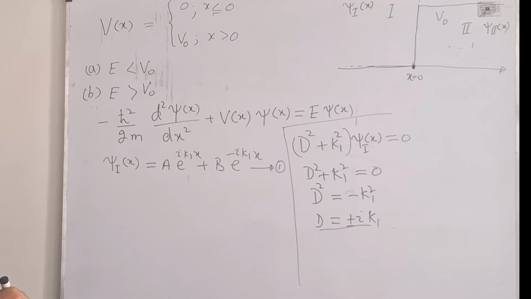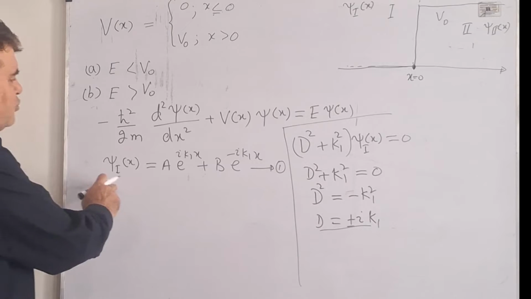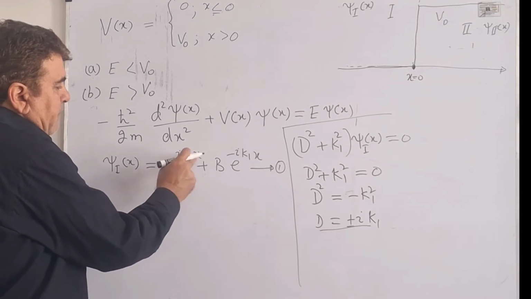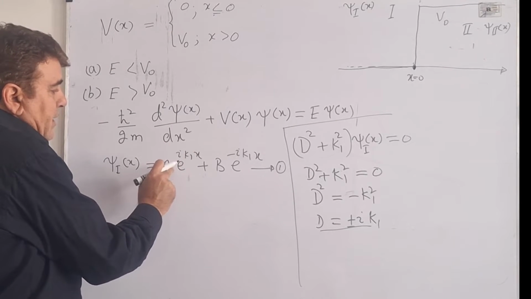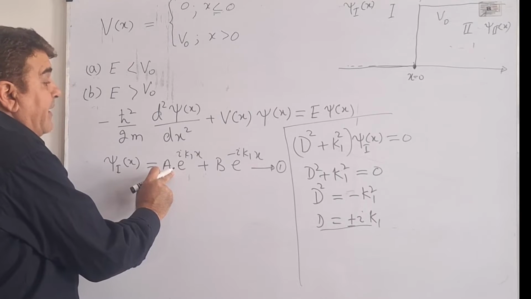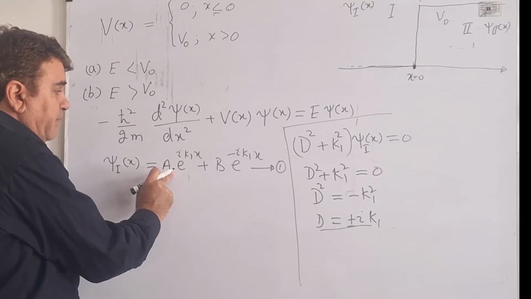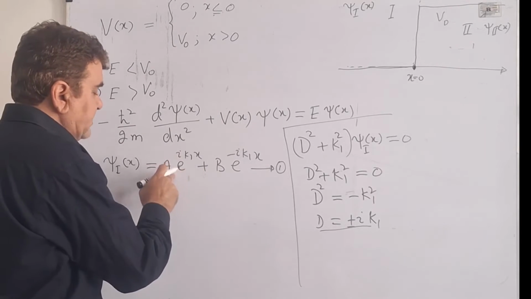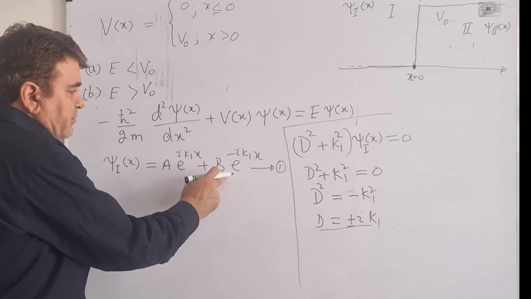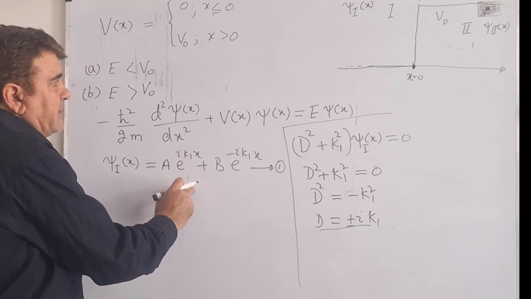Now we have two terms in the solution. This one with the positive value is in fact representing the flux of incident particles, or the wave of the incident particle, and this one represents the wave of the reflected particle.